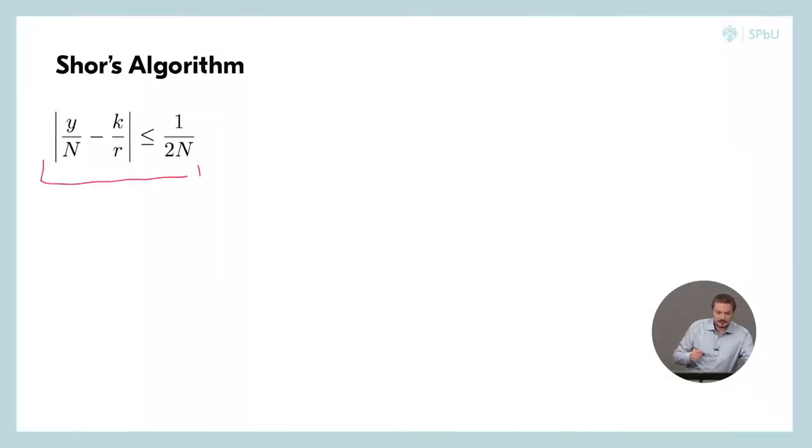So what? Okay, we have this inequality saying that near this number we can measure there is this number, which is interesting to us because of this r. And if r is less than square root of n, then in this distance from y divided by n there can be only one number with this quality.